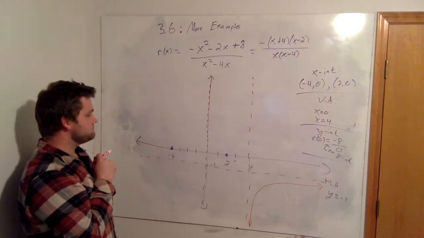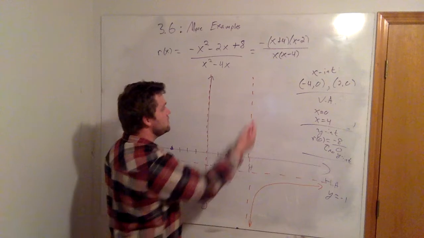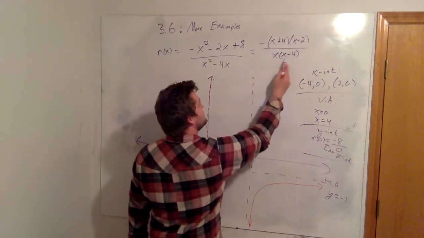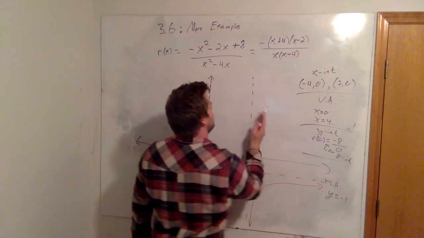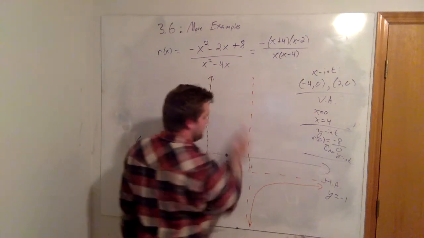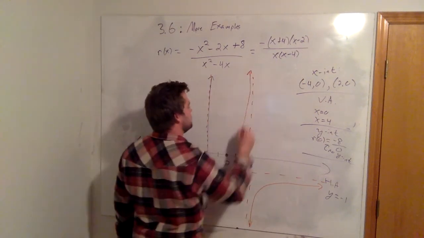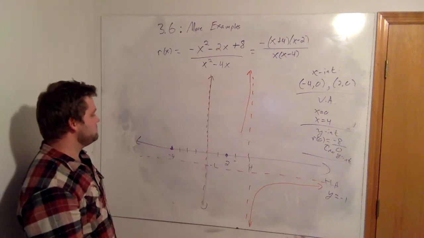Okay. Let's look at the multiplicity of this one. So when I'm on one side of 4 and I go to the other side, the x minus 4 term has an odd multiplicity, so it'll flip sign. So if it was negative down here, it'll become positive up here.